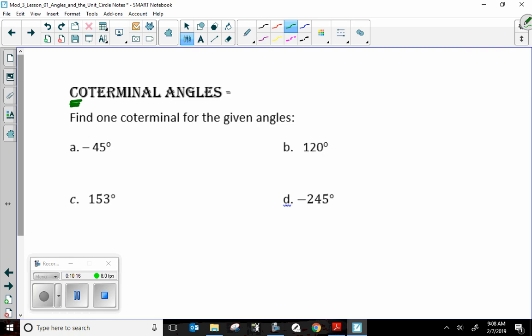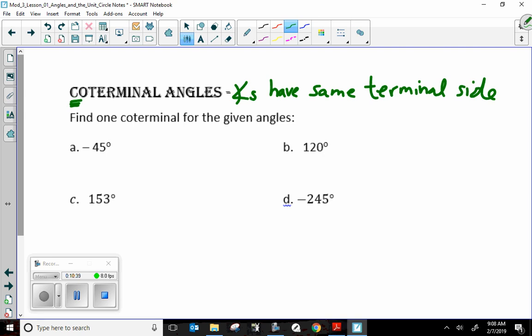You share that workplace. Coterminal means they share the same terminal side. So these are angles that have the same terminal side.